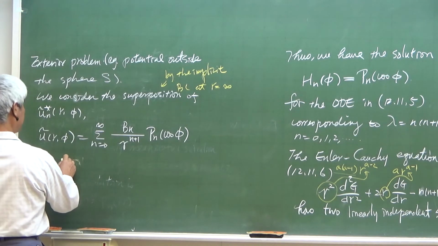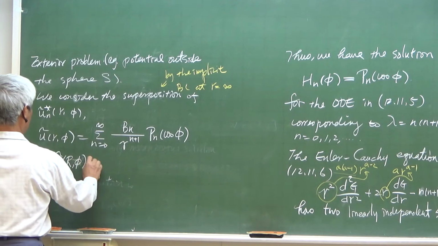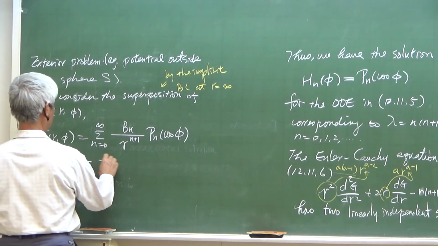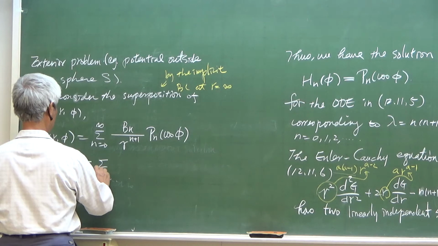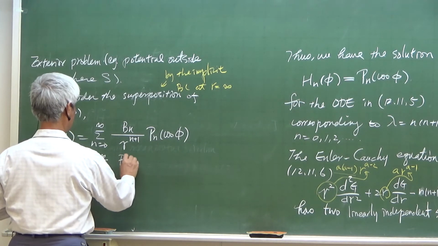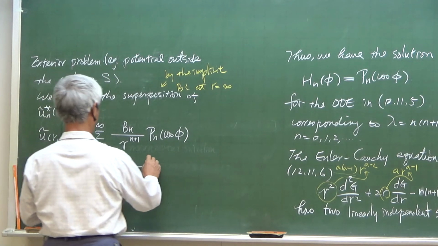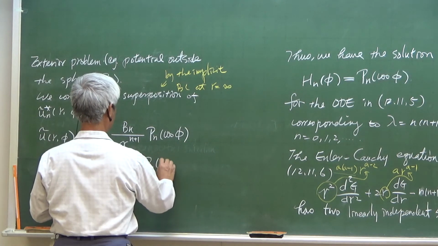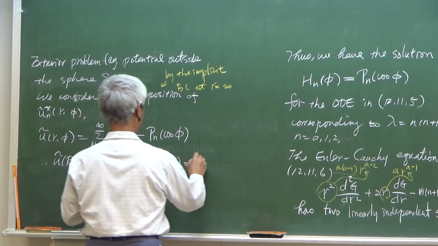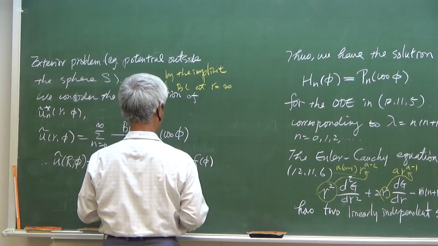So that you choose the summation, n equals 0 to infinity, of B_n r to the minus (n+1) P_n(cos phi) equal to f(phi).